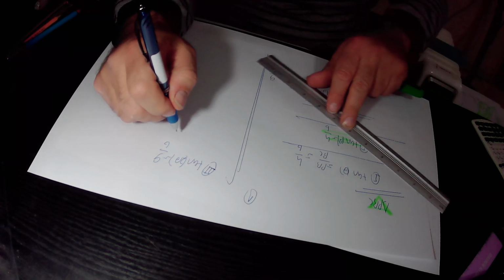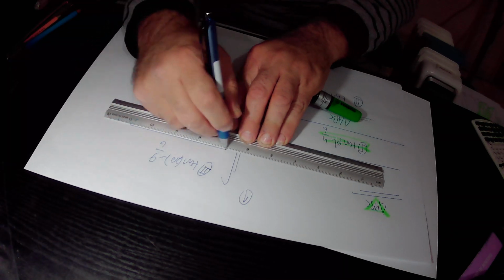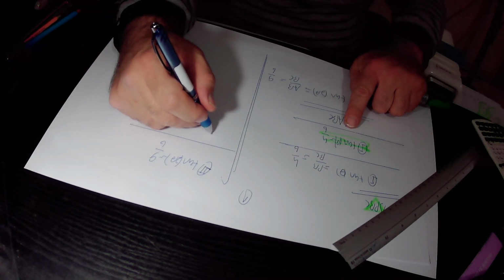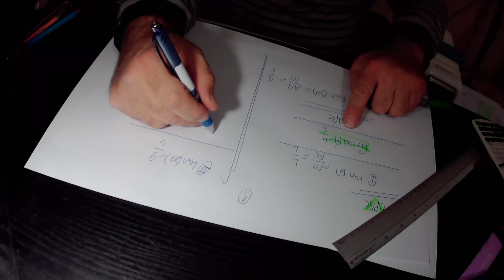This is equation 2. According to equation 1, we already found that tangent theta equals 4 over b.